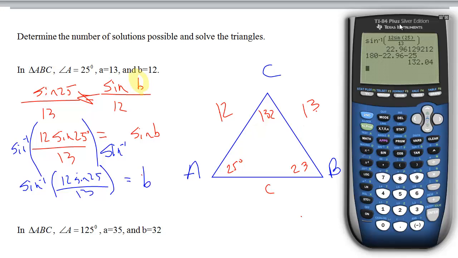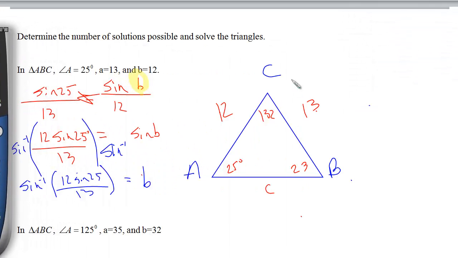And now what I can do is go ahead and set up a remaining ratio. So let's find side C. Same thing, I'm just going to use the same ratio here. The sine of 25 is to 13 as the sine of 132 is to C. We cross multiply. 13 times the sine of 132 equals C times the sine of 25.